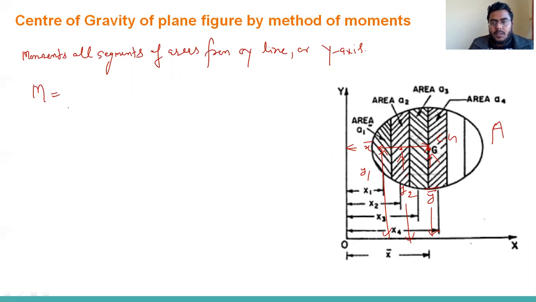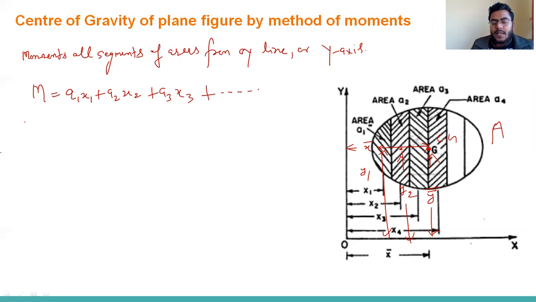Area into perpendicular distance. So for segment 1, we can write A1 x1, A2 x2, A3 x3, and so on. Similarly, suppose this is the center of gravity and this x bar, y bar is mentioned.